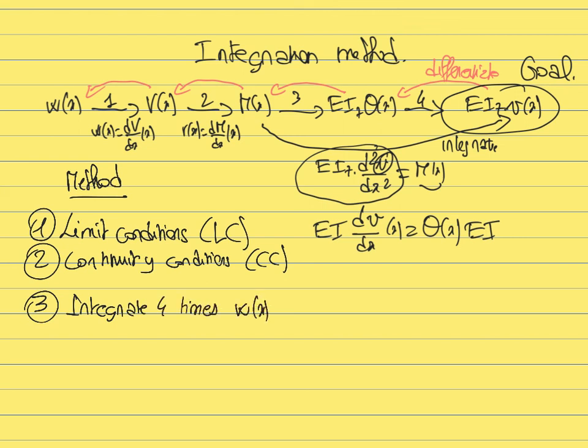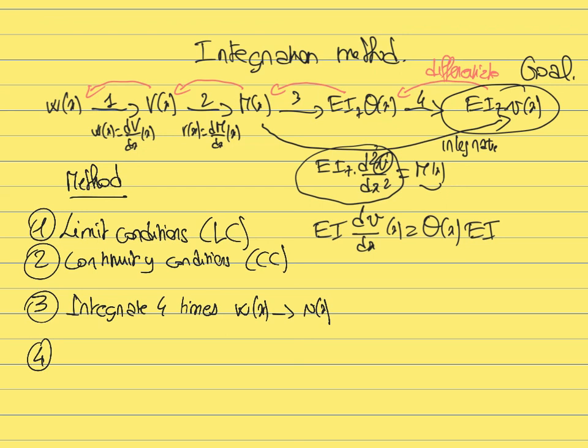So you will need to integrate W 4 times to get the shear, moment, slope, and eventually the deflection V. After 4 integrations, you will get the internal shear and the deflection V. And every time you integrate, you get one integration constant.